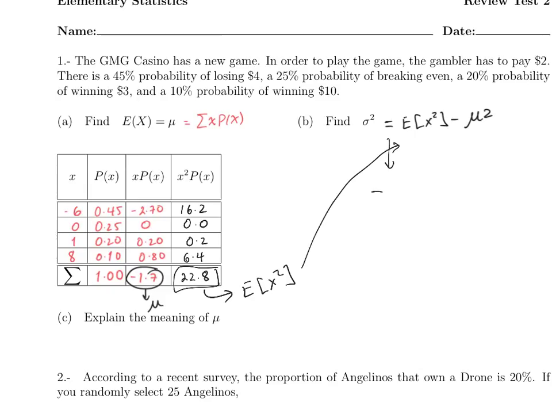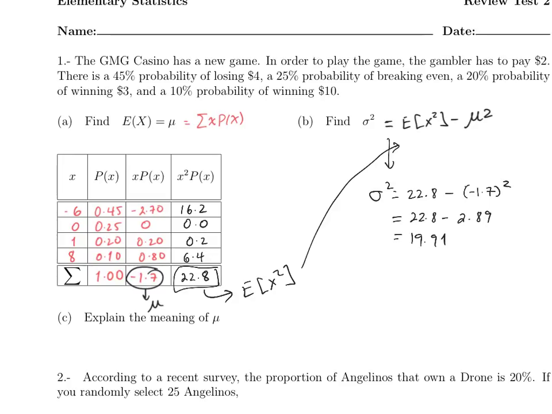So therefore, from here you have sigma squared equals 22.8 minus 1.7 squared. If you square that, that's when you get 2.89, and this simplifies to 19.91.